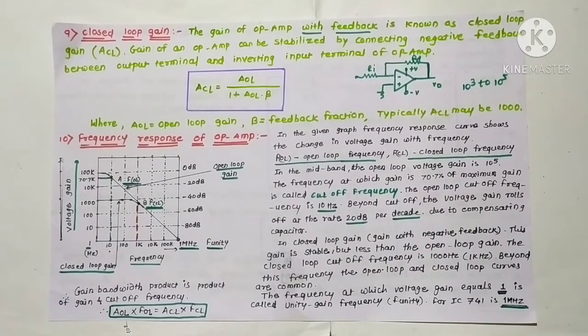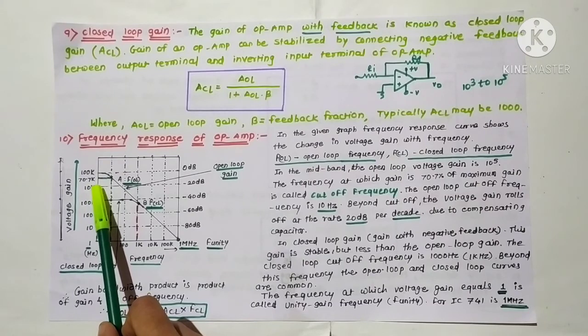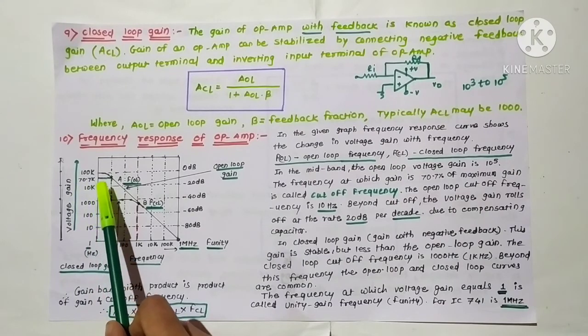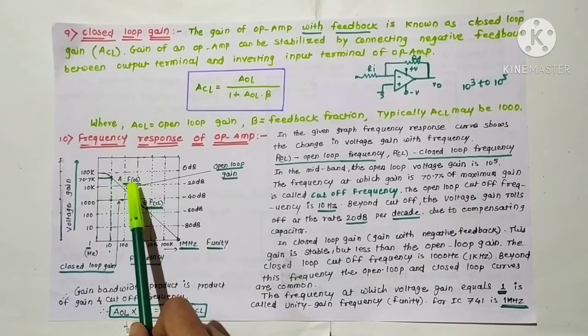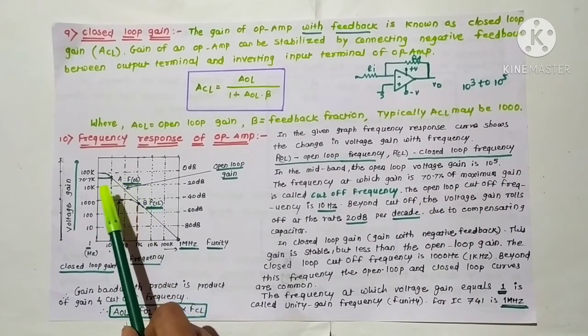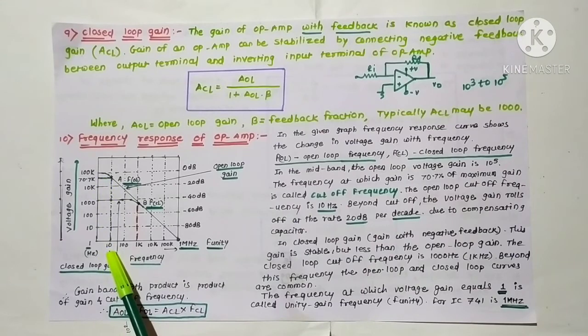Beyond this frequency, the open loop and closed loop curves are common. I repeat again, at 70.7% of maximum gain, this FOL is called the cutoff frequency, and that is 10 Hz.